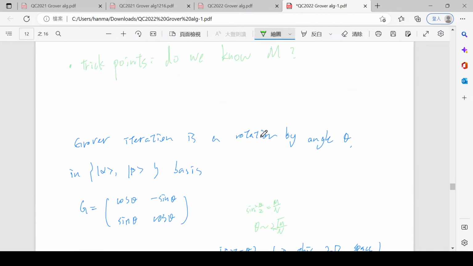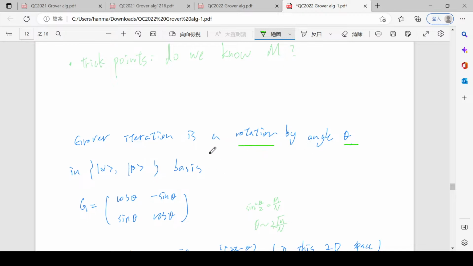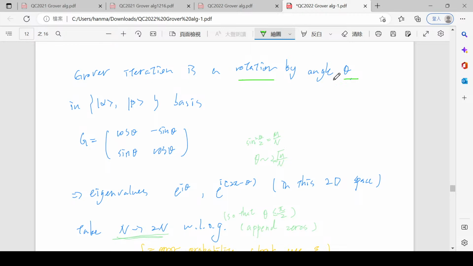Yeah. And anyway, as we said, our global iteration is a rotation, at least in our two-dimensional space, right? So it's a rotation by angle theta, and so if you write out the rotation of angle theta as a 2x2 matrix, then it's this: cosine theta, minus sine theta. Yeah.